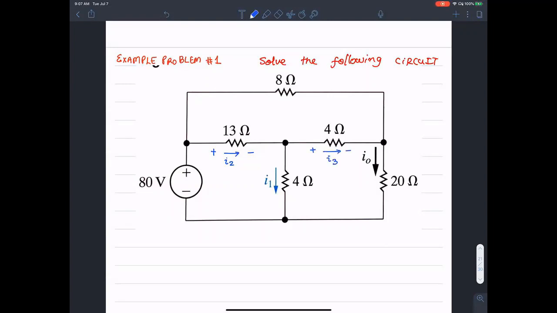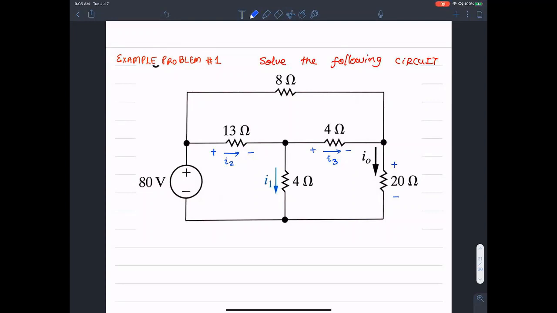Pay attention to the fact that these are the definitions and directions that I am giving. I'm choosing these voltage and current directions, and as long as I'm consistent with these directions and this polarity throughout the problem, it will lead me to the right answer.